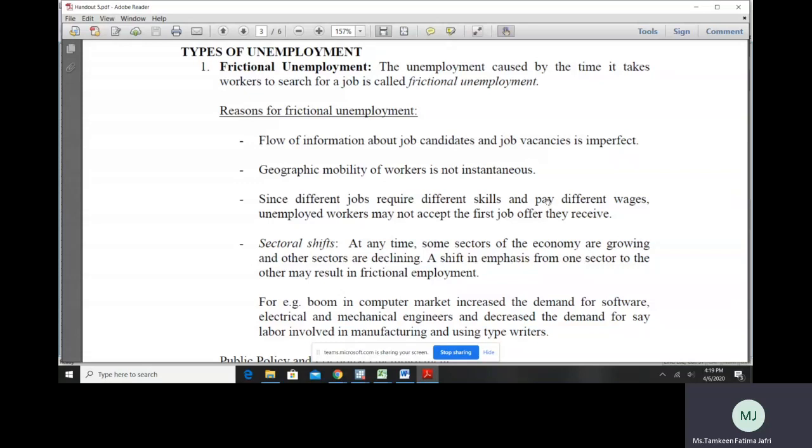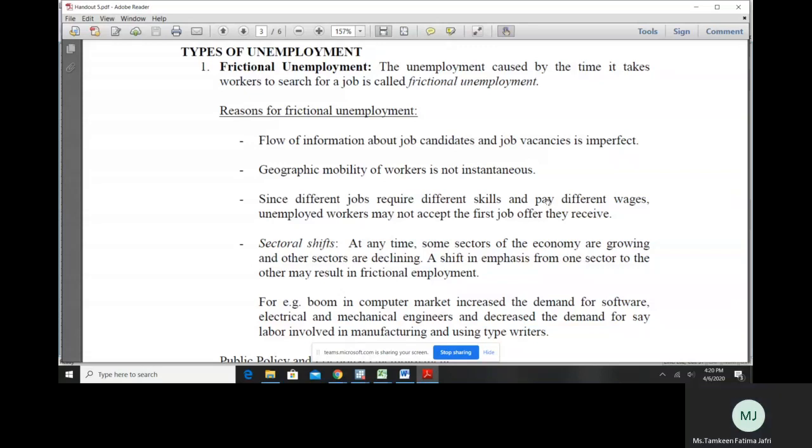Okay, so there is this perfect job out there, but the information doesn't reach you that this is a perfect job for me, so you don't end up applying for the job and taking it up. If we improve this information flow, if technology is used, then employers can effectively advertise that they have this job vacancy, and job candidates can quickly look up that this is the right job for me, and they can apply for that particular job and succeed in getting it.